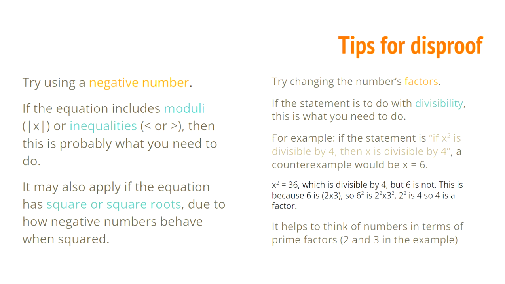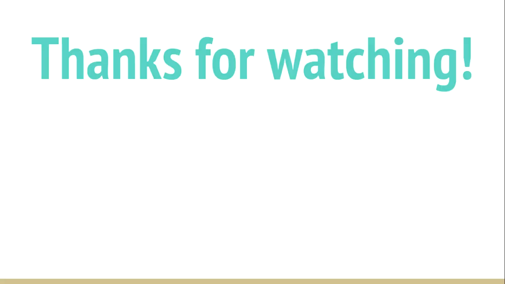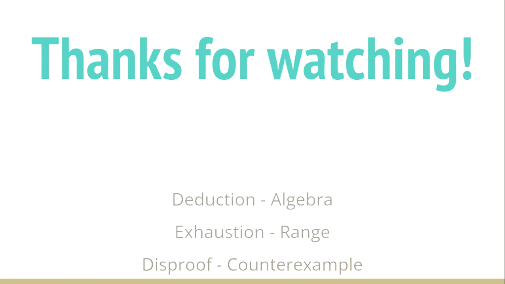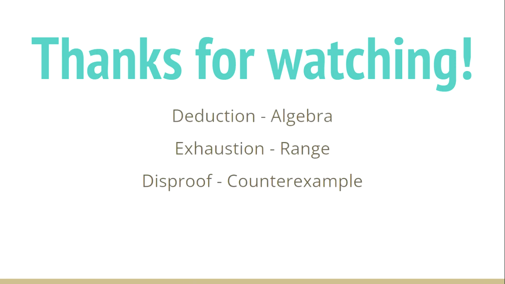So what you need to do with your factors depends on what you're trying to prove. And that is essentially everything. As long as you can realize which type of proof you're looking at and what you need to do to prove or occasionally disprove it, then you should be able to answer these questions with relative ease.